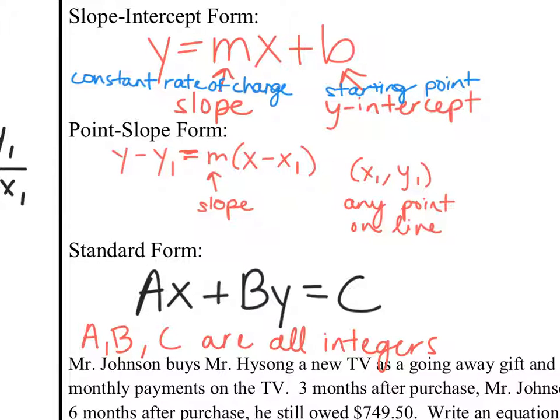I know in this class we said that the first number in front of x should be a positive whole number, right? Which is my understanding. It was not like that on the weekly review, and that made me very confused. So we're going to go with A, B, and C are all integers, which means that it could be negative. Okay? Does that work for you guys? So in the weekly review it said it could be negative? Yeah. Okay, then we're going to go with that.